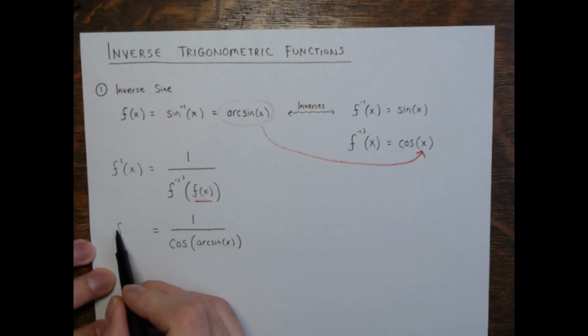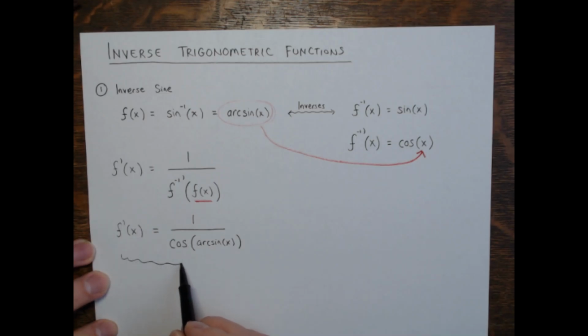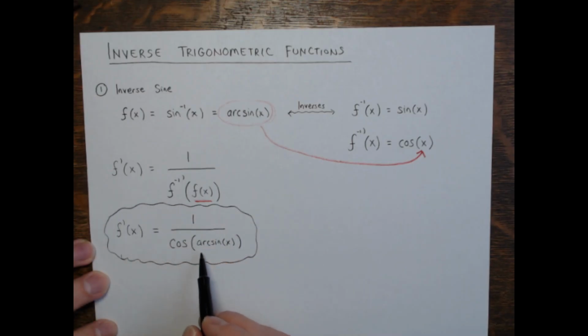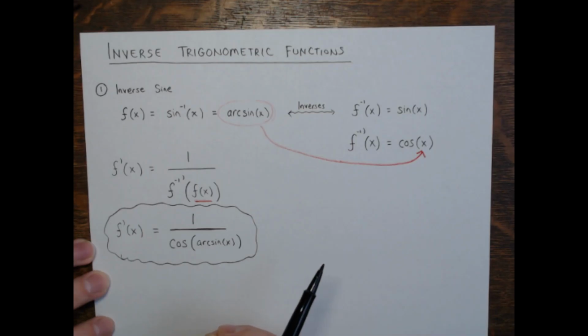So here is a perfectly valid expression for the derivative of the inverse sine function. It's 1 over the cosine of the inverse sine of x. And again, that's totally fine.